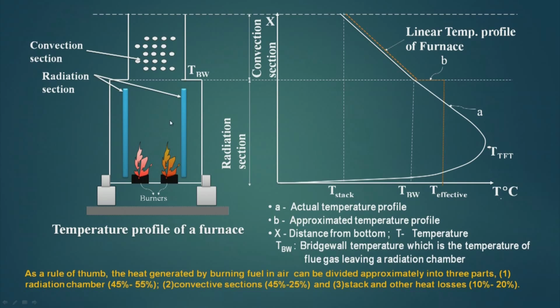So, this is the figure of heat which is being handled by the furnace. This is the vertical distance when you go up from here to here, and this is the actual temperature profile of the furnace.